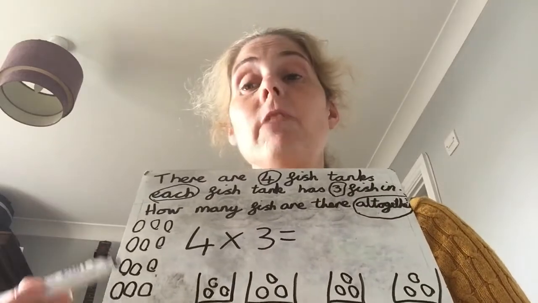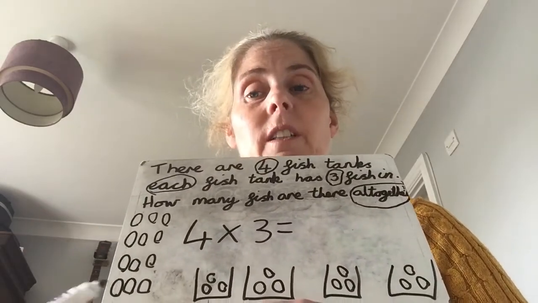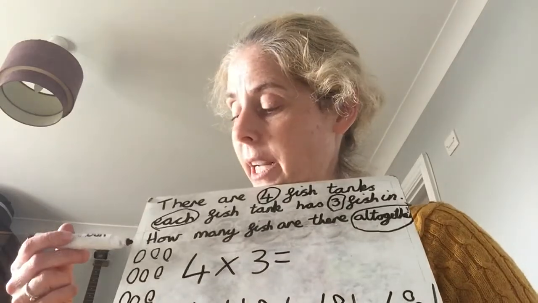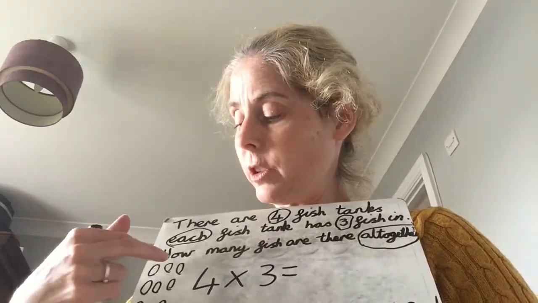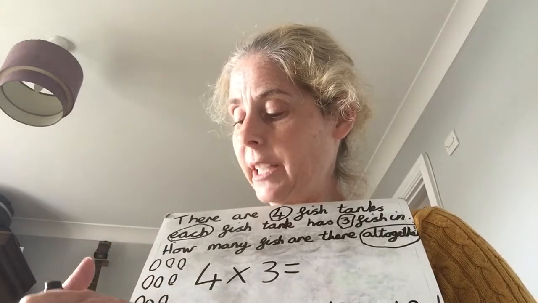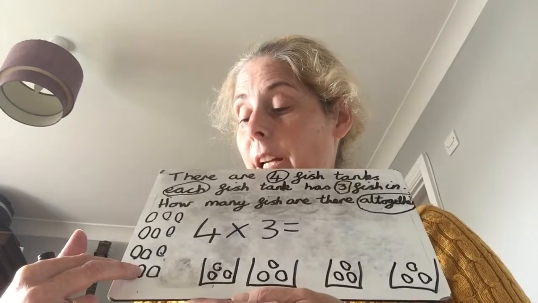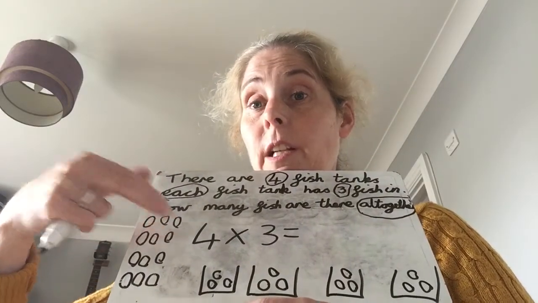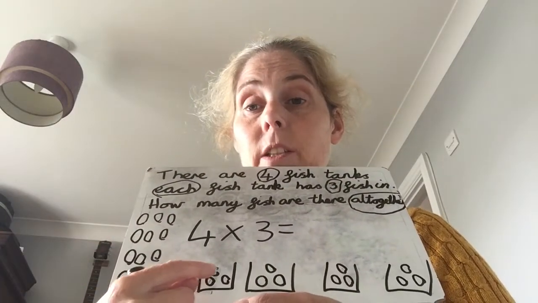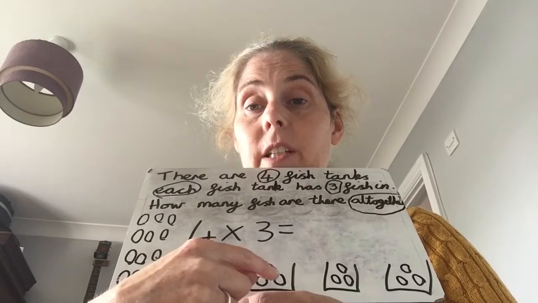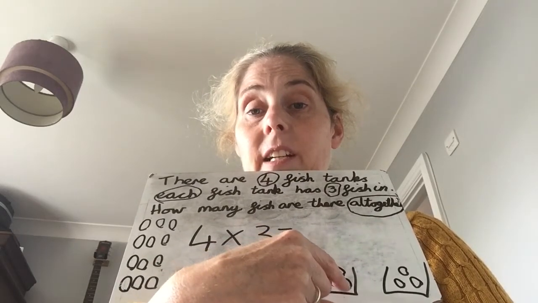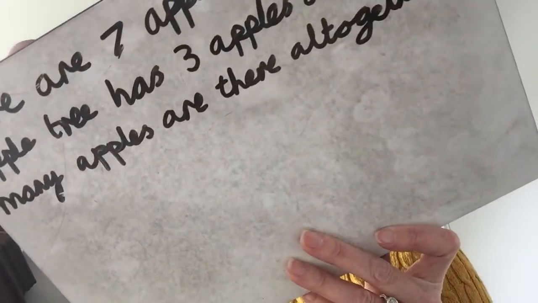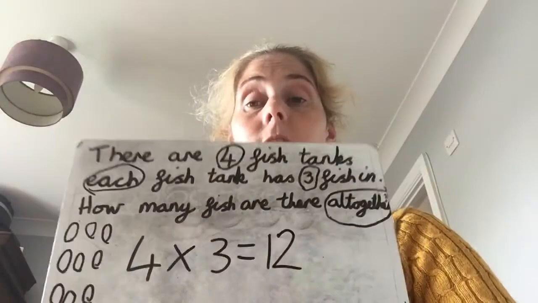Okay, but this is an array like I have taught you. They're really different ways of doing an array. Okay, so here if we count, we've got 2, 4, 6, 8, okay, 10, 12. Let's check with here. 1, 2, 3, 4, 5, 6, 7, 8, 9, 10, 11, 12. Yes, so we know our answer is 12.